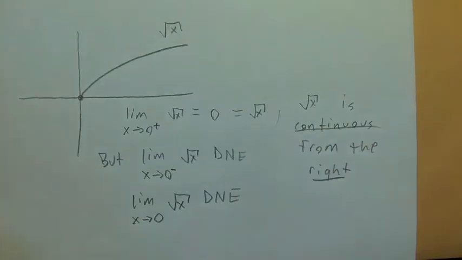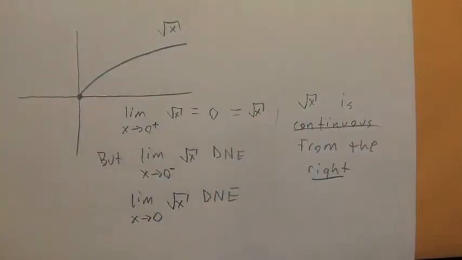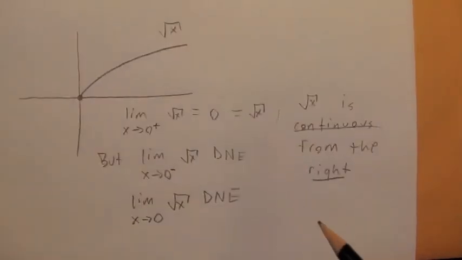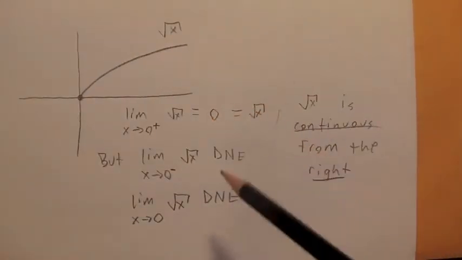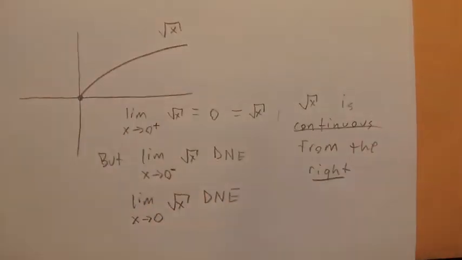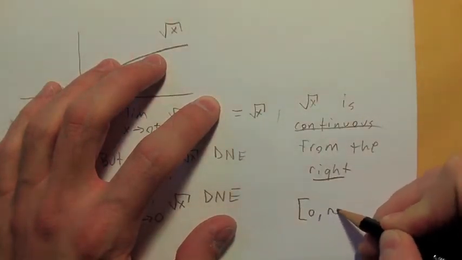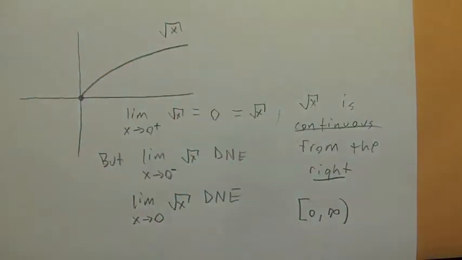Okay. Continuous from the right. Coming from the right, it's continuous. The limit and the function value match, and we can't say it's from the left because there's nothing going on on the left, right? So it's almost like all we're doing is considering the function here instead of everywhere.